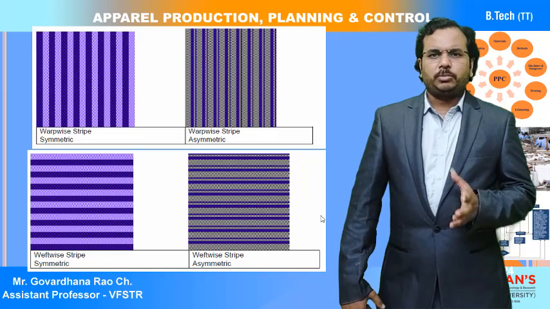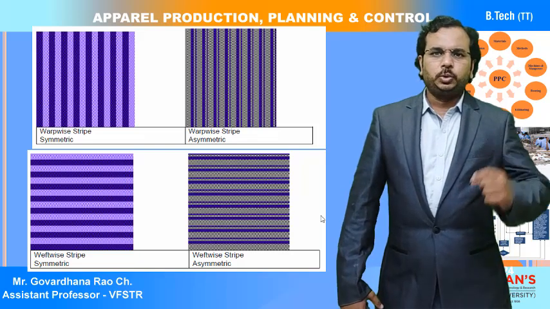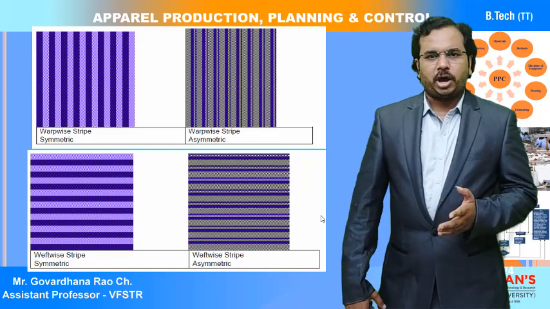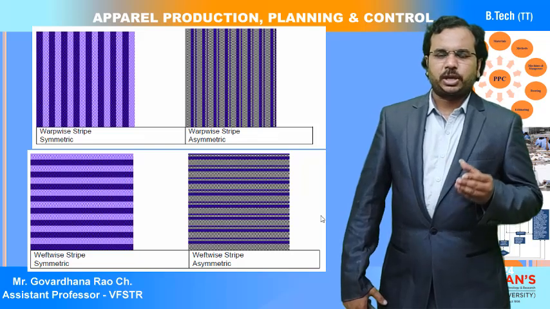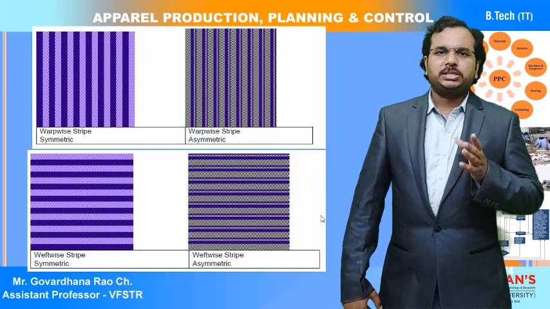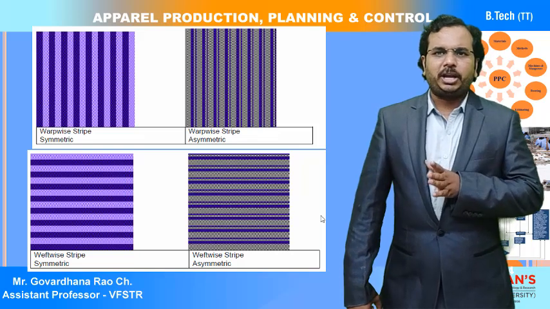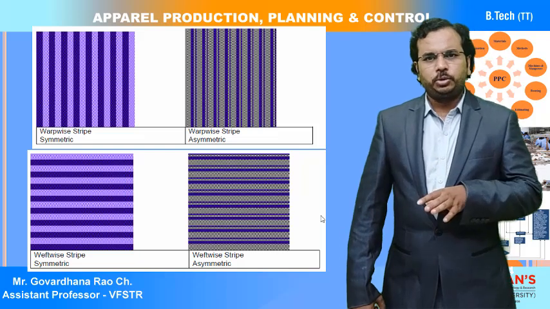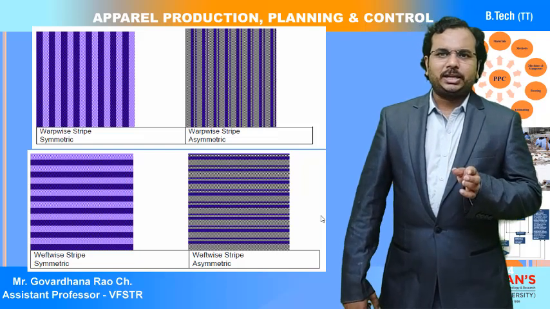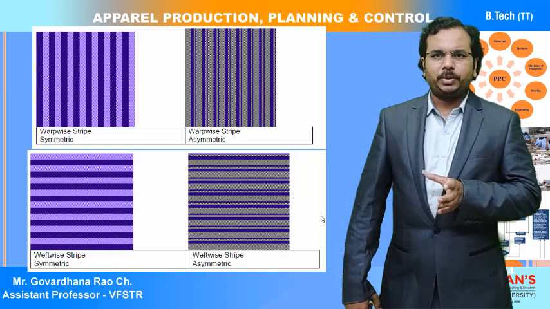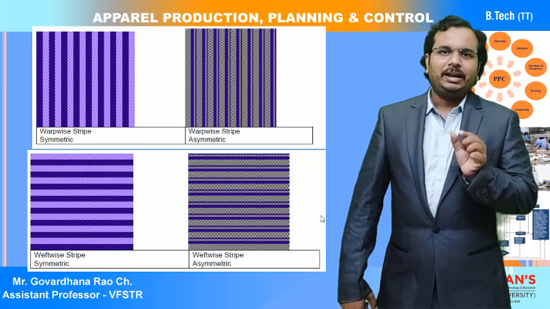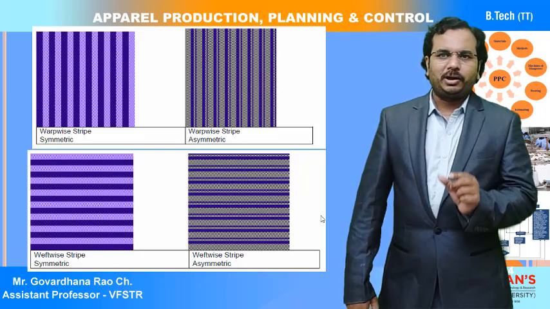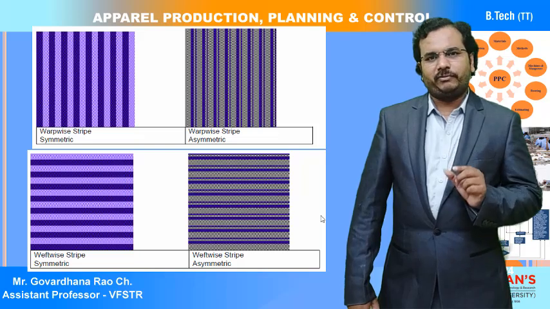Warp wise means warp stripes, and if two colors are used as weft and one color as warp, then weft stripes are present. In the asymmetric pattern you can observe that there are three, four or two different colors, but the pattern sizes, the white color and the purple color, are different, not equal. So it is an asymmetric type of warp stripes and weft stripes.